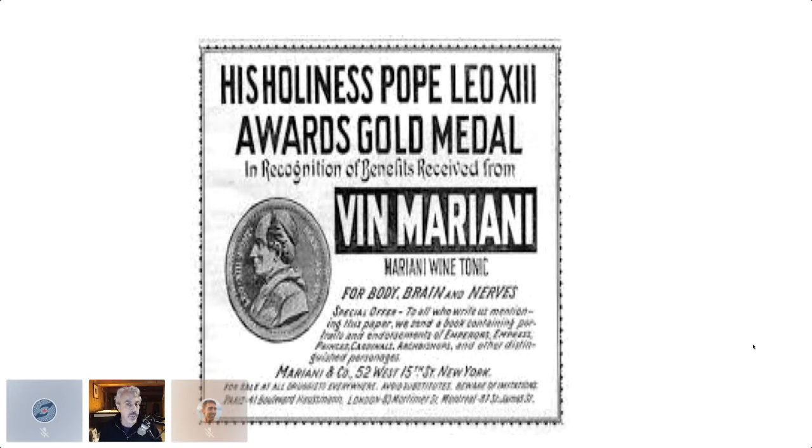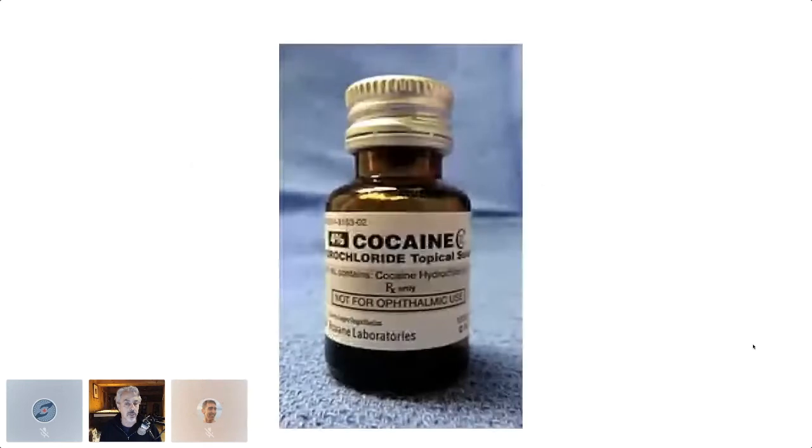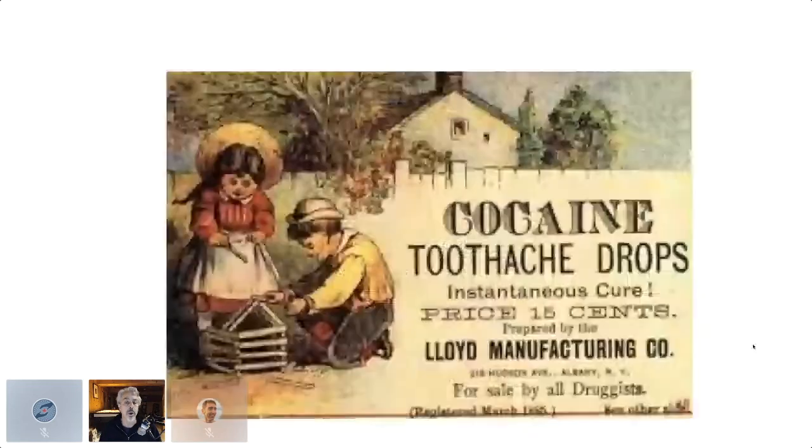But cocaine really just went wild through the culture for a time. Today you have cocaine, which is used for medical purposes, very, very tightly controlled for oral and pharyngeal and laryngeal surgeries, for sinus surgeries. Otherwise, it's not really used in medicine as much anymore.